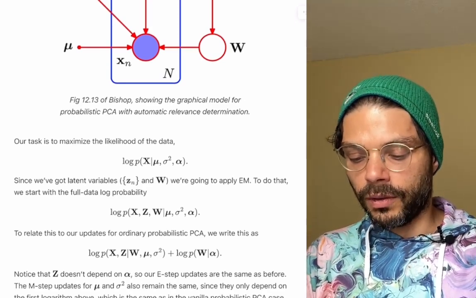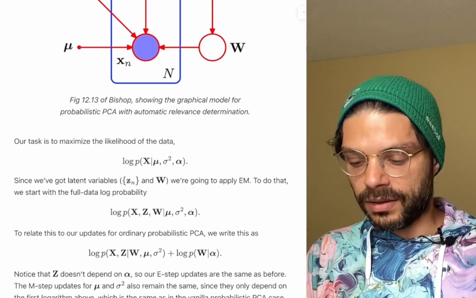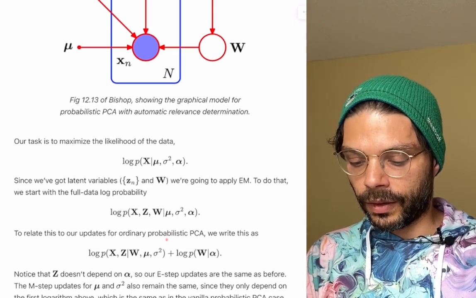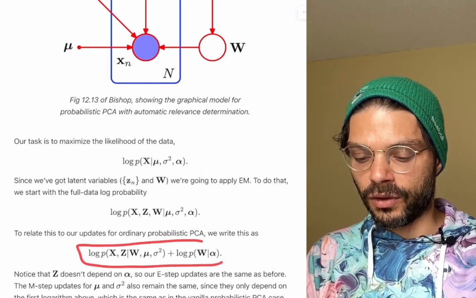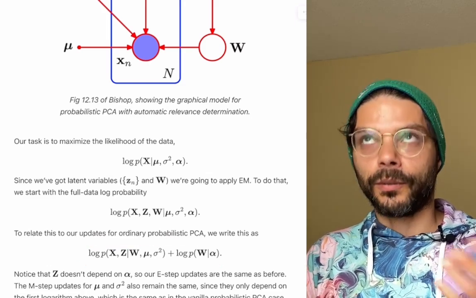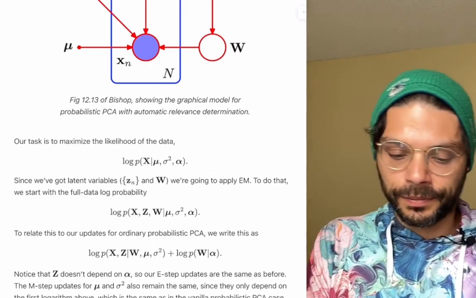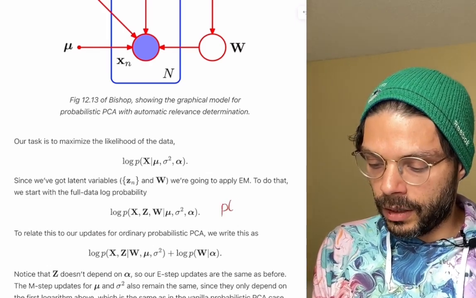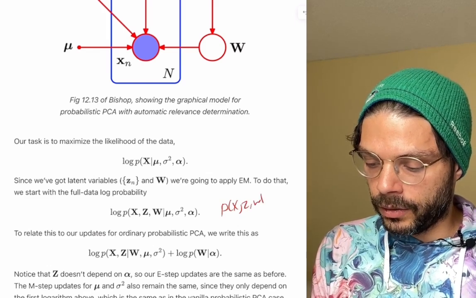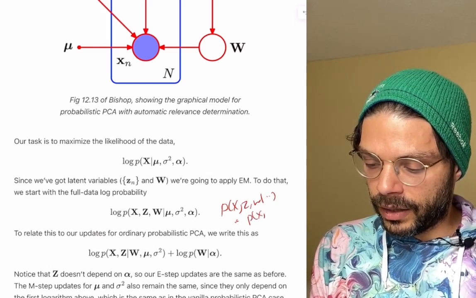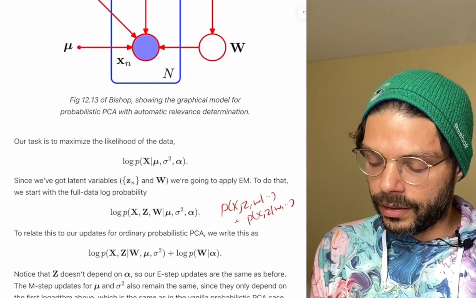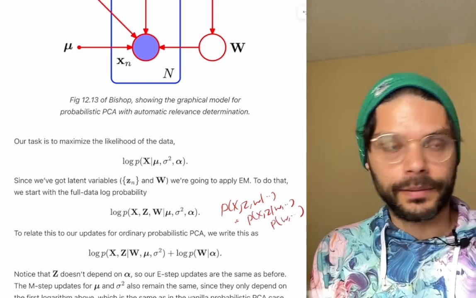So we're just going to write this out using the product rule of probability. We've got P(x, z, w) is P(x, z | w) times P(w). That's all we're doing here.